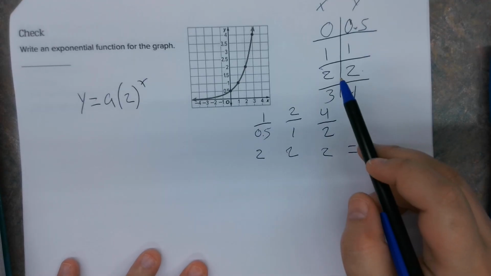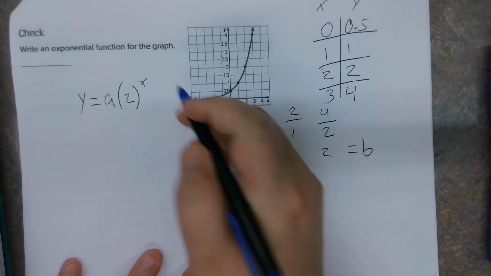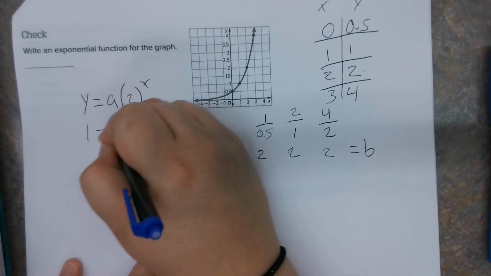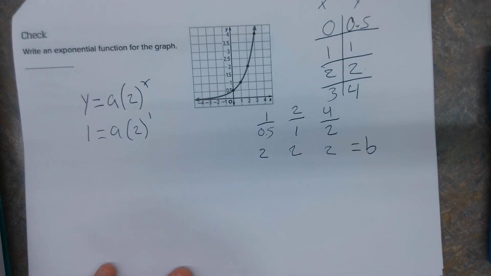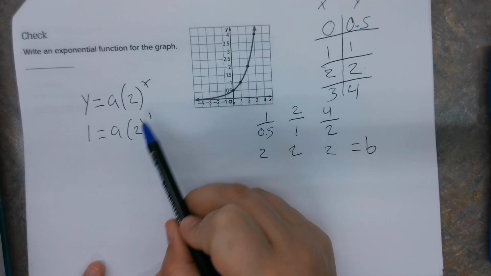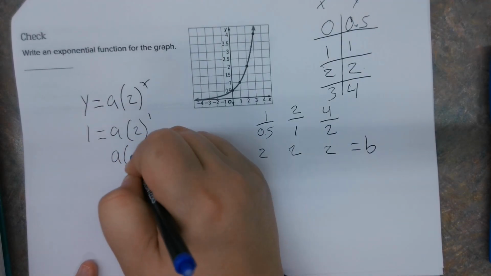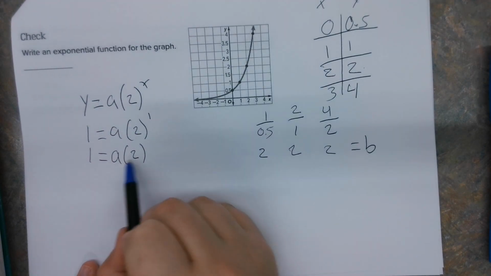Let me pick an ordered pair. Let me pick 1, 1 this time. That looks easy. So x is 1, y is 1. 1 equals a times 2 to the 1. Well, 2 to the 1 power, that's just going to stay 2. So a times 2 equals 1. I can't leave this like this.